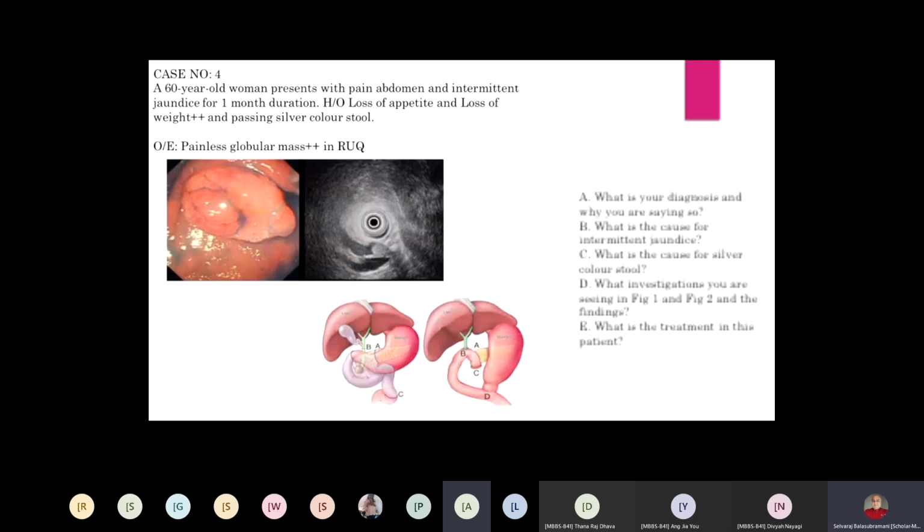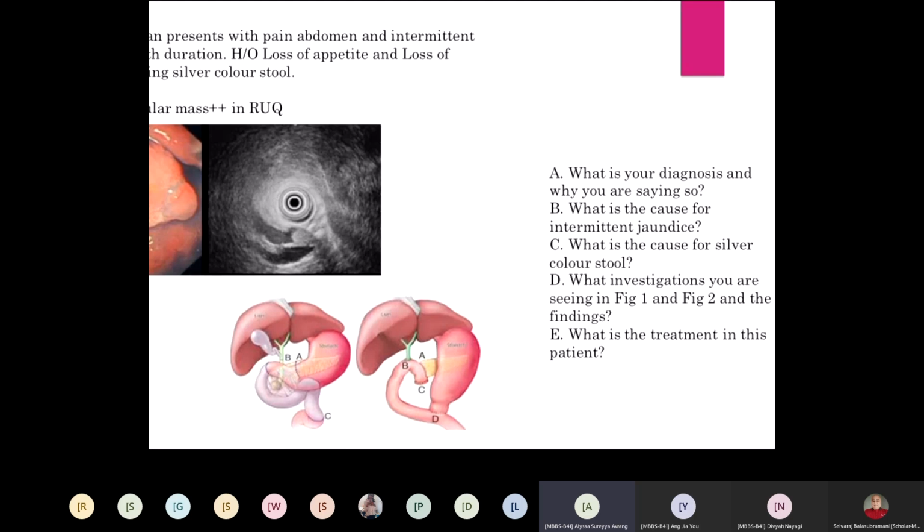What about radiotherapy for adenocarcinoma? Adenocarcinoma, there is no role of radiotherapy. Only if it is squamous cell carcinoma, you have to give radiotherapy.